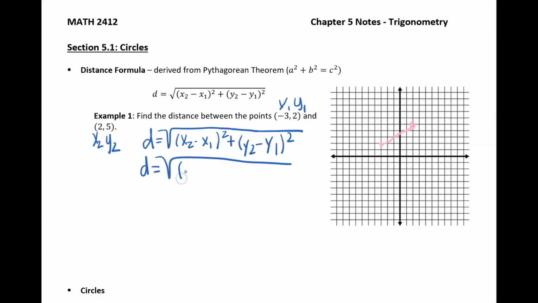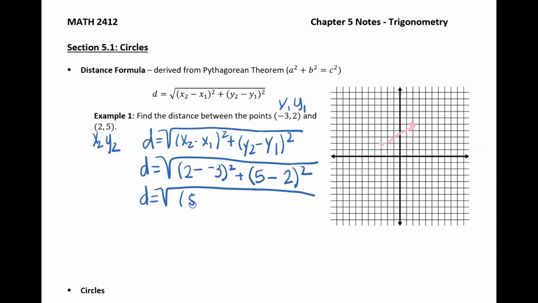So x2 is 2 minus -3 squared plus y2, which is 5, minus y1, which is 2, squared. So now it's just a matter of our arithmetic. This gives me the distance is equal to the square root of 2 minus -3, which would give me a positive 5 squared, plus 5 minus 2, which would give me 3 squared.